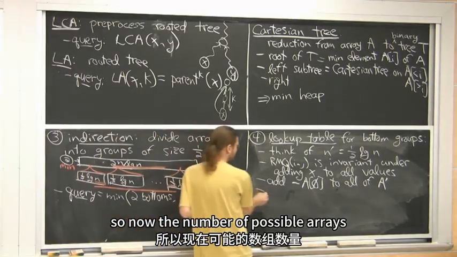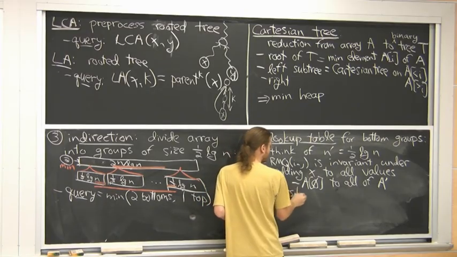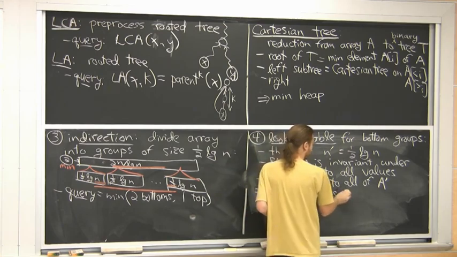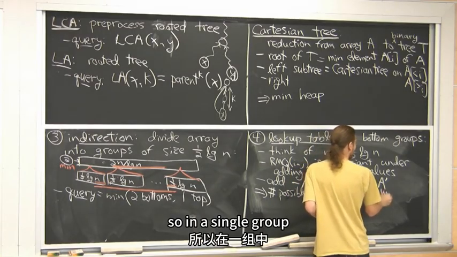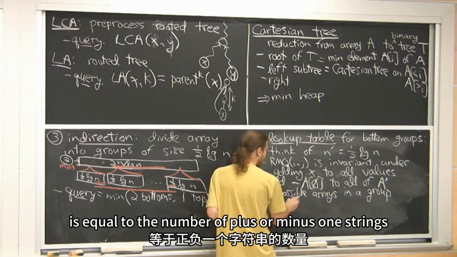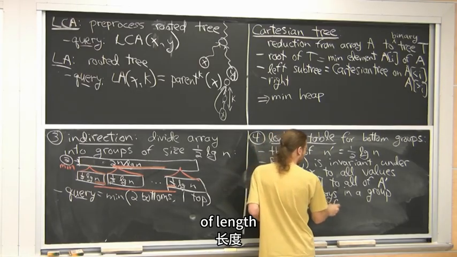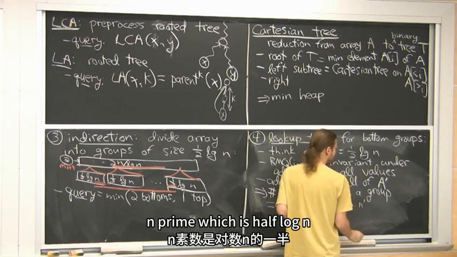So now the number of possible arrays in a single group is equal to the number of plus or minus 1 strings of length n prime, which is half log n.